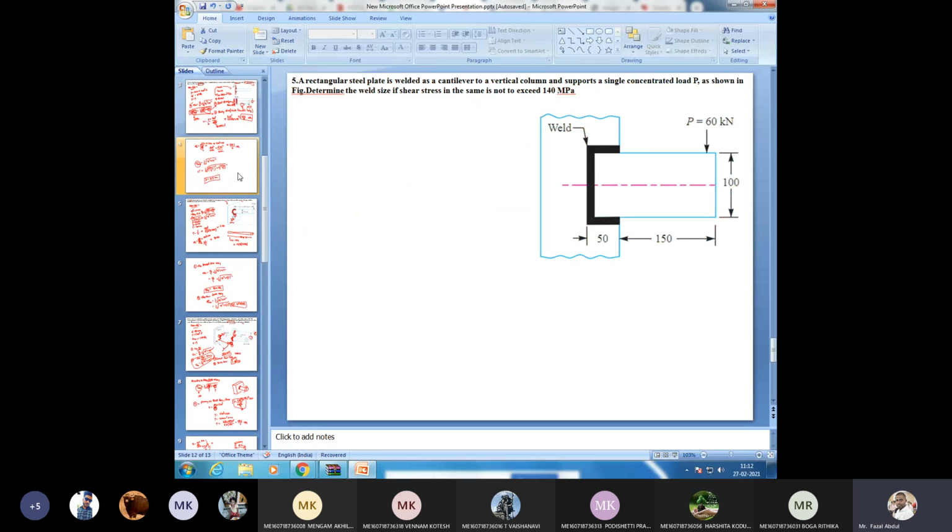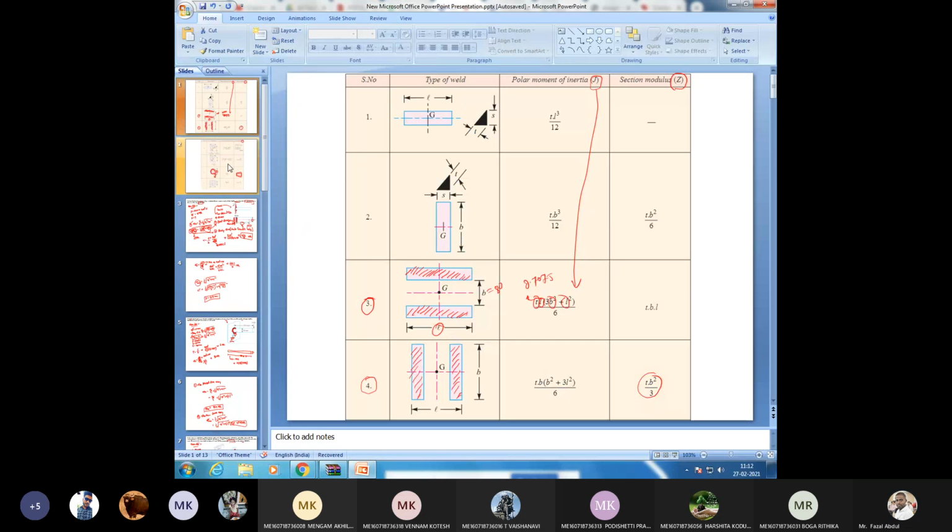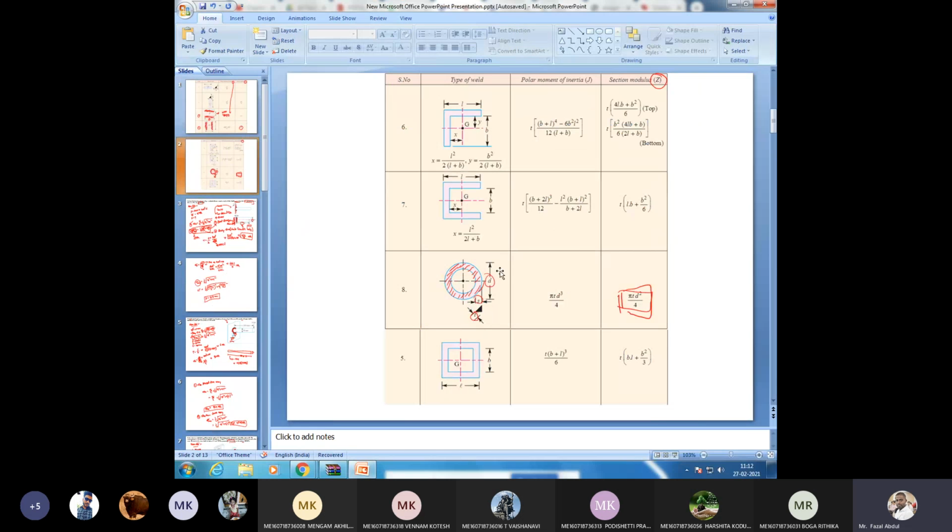Now my question is, which figure should I consider? Figure number. Tell me the figure number. 6 or 7 or 8 or 9. 7. Very good. Seventh figure we need to consider because see the welded section figure here.